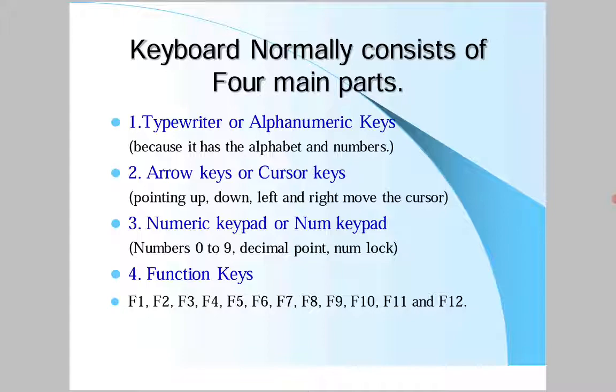A keyboard normally consists of 4 main parts: typewriter alphanumeric keys, arrow keys, numeric keypad, and function keys, and special keys like the shift key, alt key, control key, space bar and tab key.